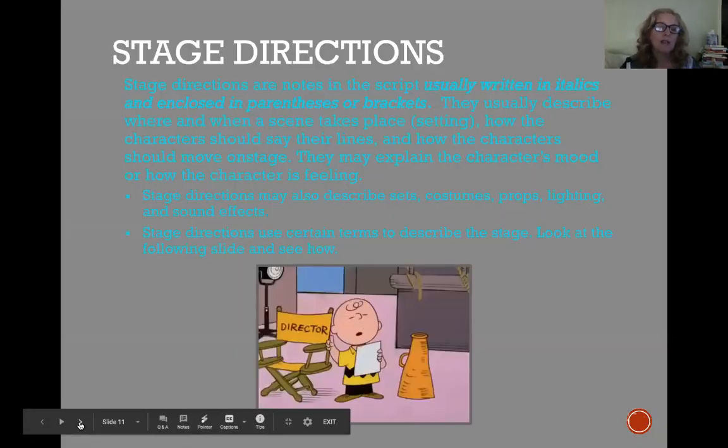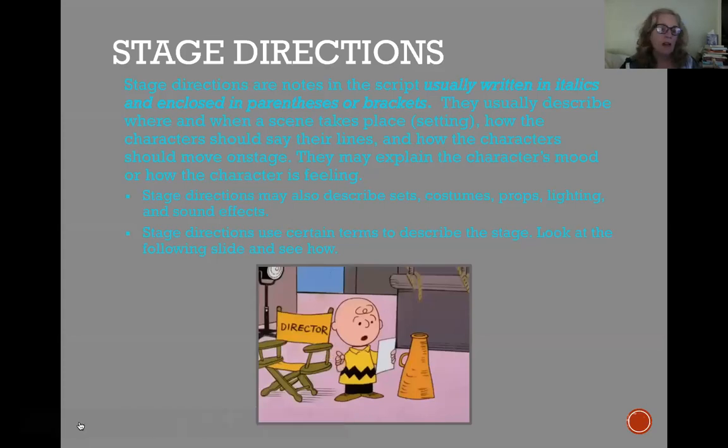Stage directions. So again, we talked about stage directions. They're notes. They're usually written in italics, and they're enclosed in parentheses or brackets. And they describe where and when a scene takes place, which is the setting.